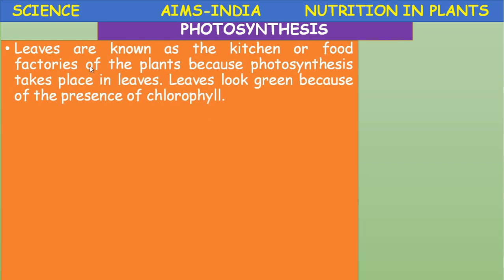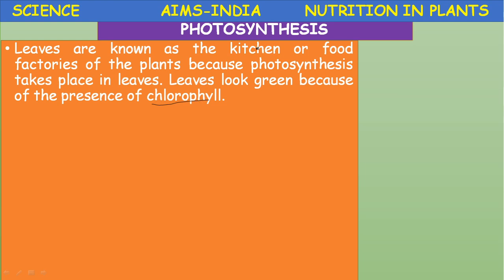The leaves are known as the kitchen or food factories of plants because photosynthesis takes place in leaves. Leaves look green because of the presence of a green pigment called chlorophyll.